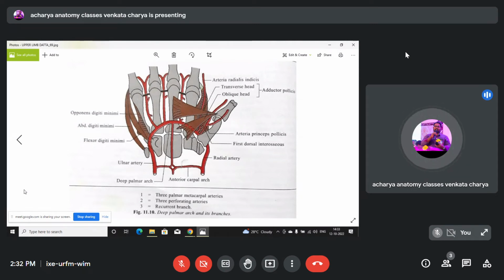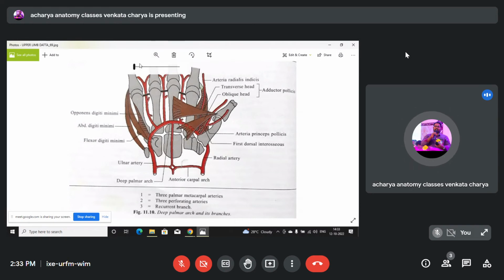Here it gives the arteria principis pollicis. See here, this one.